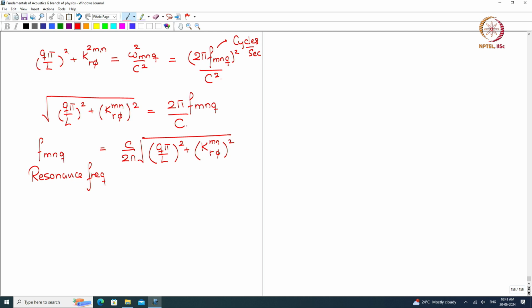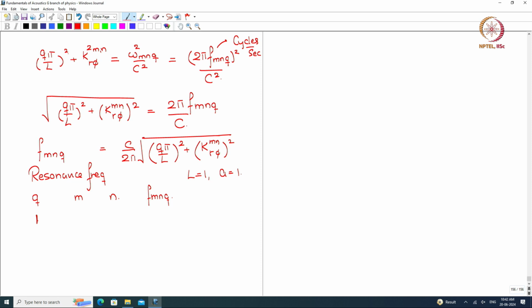Now, just as we did for the rectangular box, let us try to look at some modes. Okay. So, let us see, I have q here, then I have m and n, then I have f mnq. Okay. Let us say L is equal to 1, and I will take a is also equal to 1 for simplicity. So, let us say q is 1. Okay.